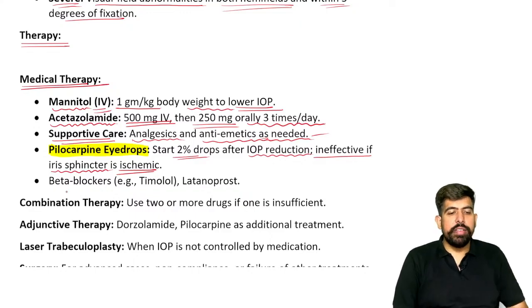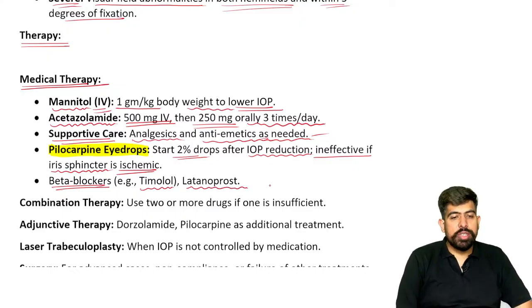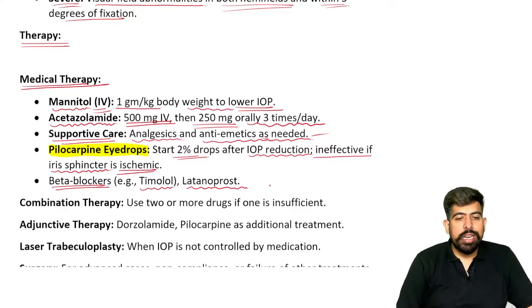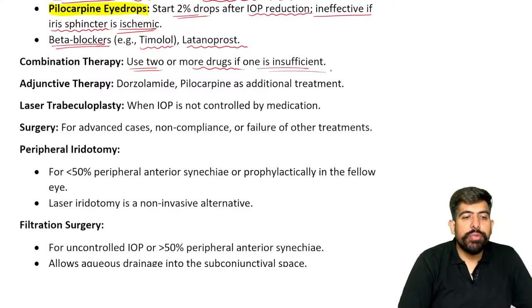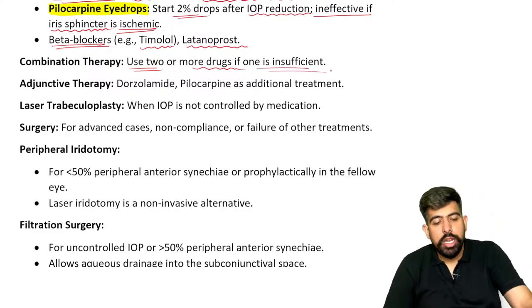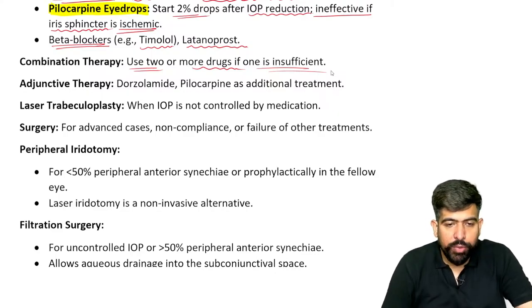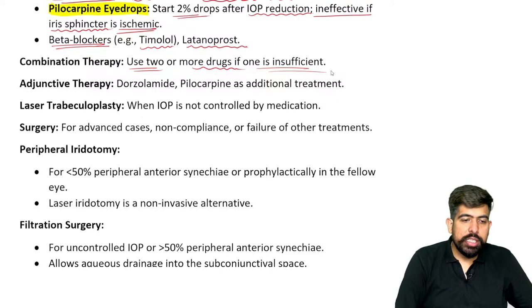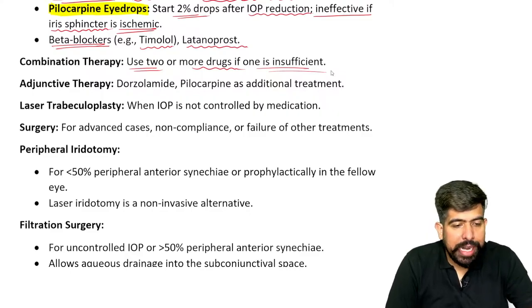And also we can give beta blockers like timolol, or we can give prostaglandins like latanoprost, right? If one is not sufficient, we combine them. If I'm combining two drugs for the treatment, that is known as combination therapy, or we can say combined therapy.